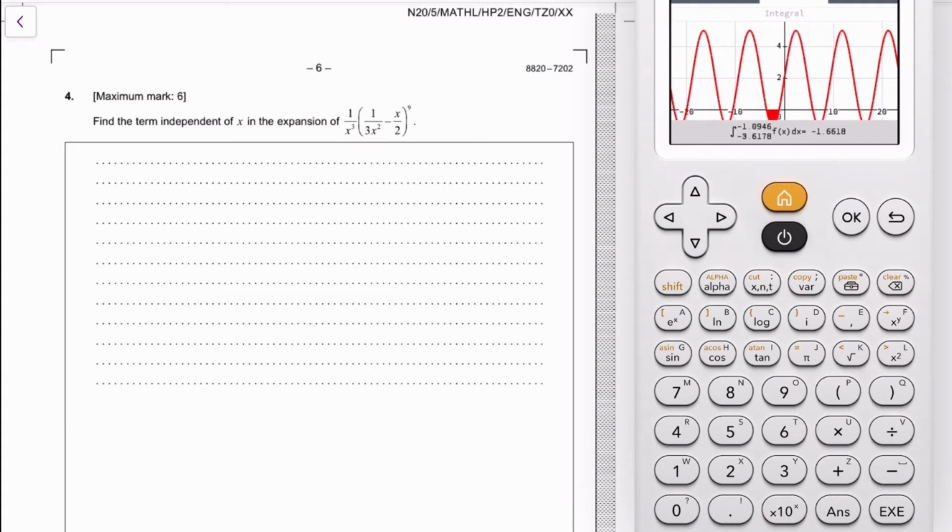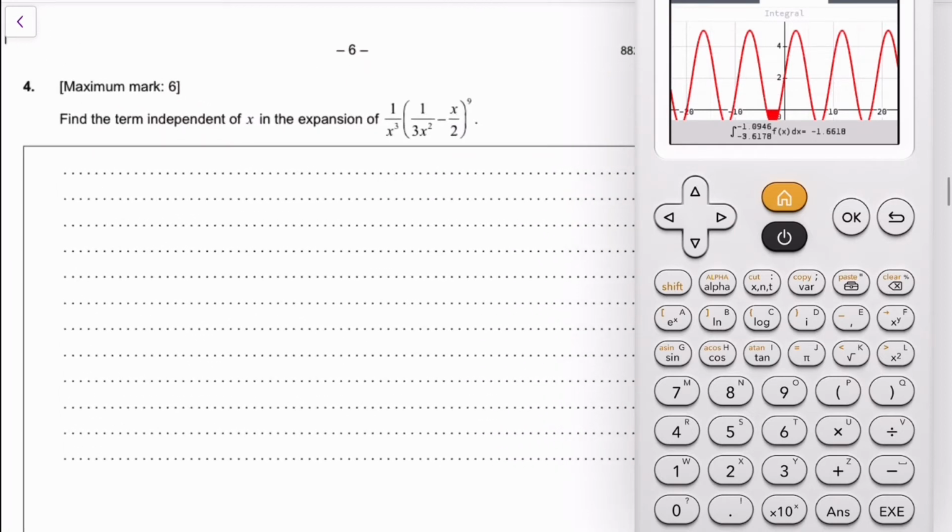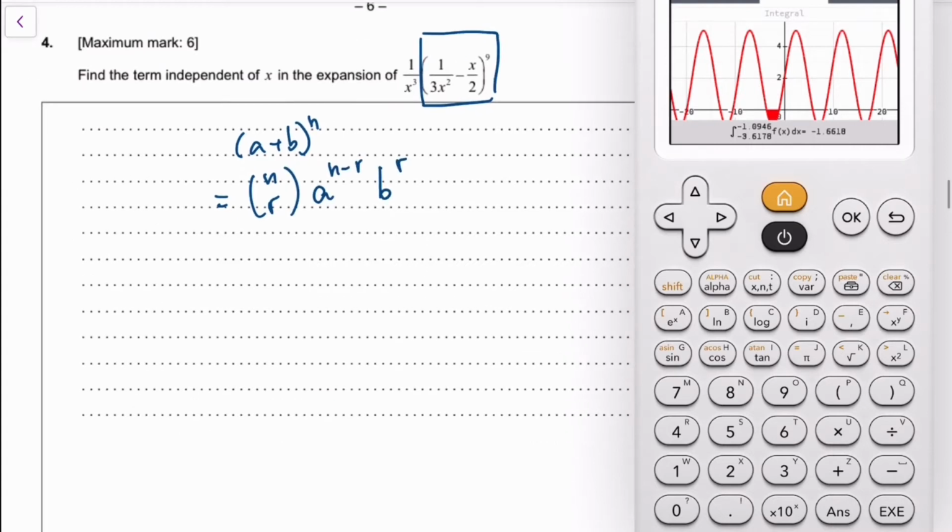Final term, independent of x. It's not hard. So obviously we do the general term for binomial expansion. Well, technically this is just the general term.